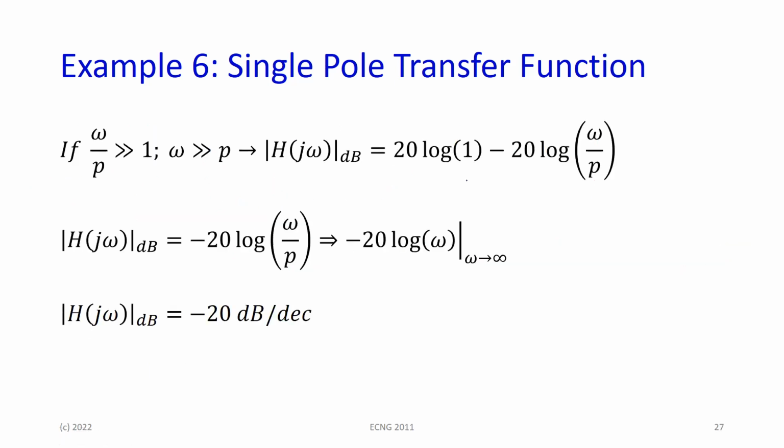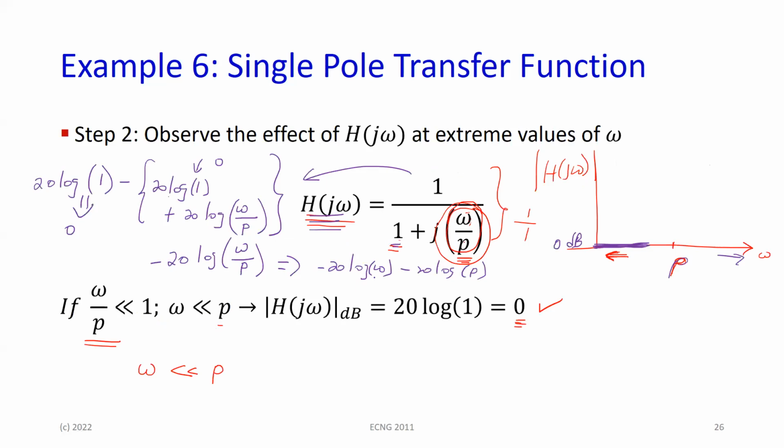We have that the frequency response is 20 log of this, of course is 0, minus 20 log of omega minus 20 log P. And if omega is much bigger than P, then 20 log of omega, as you get very high, is going to be substantially bigger than 20 log P. In other words, at omega very high, this entire thing really boils down to minus 20 log omega, which is like the behavior of a simple pole that we just had.